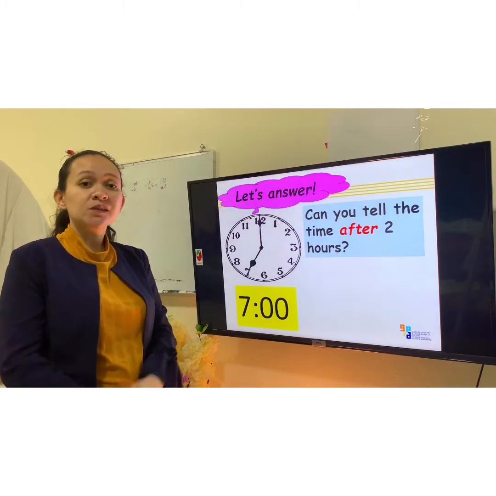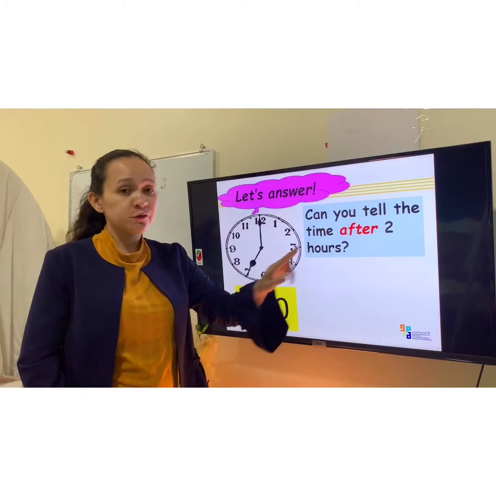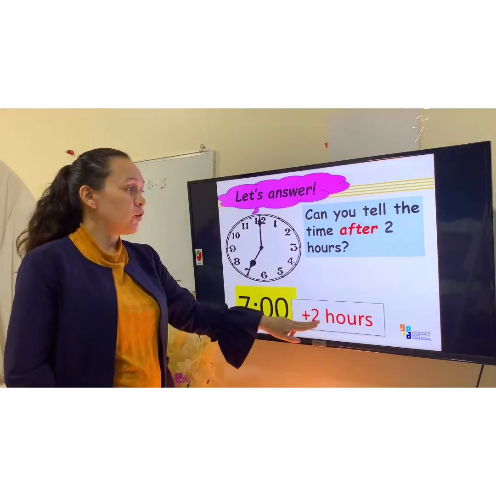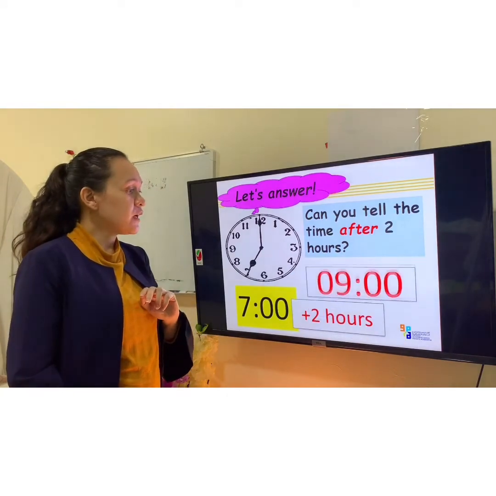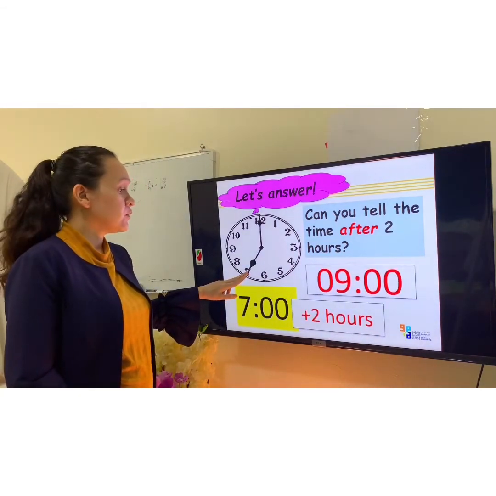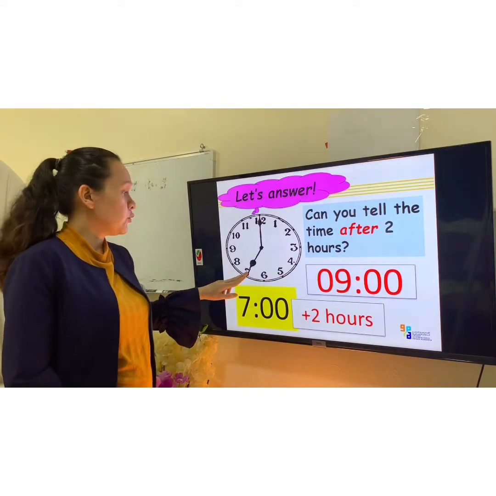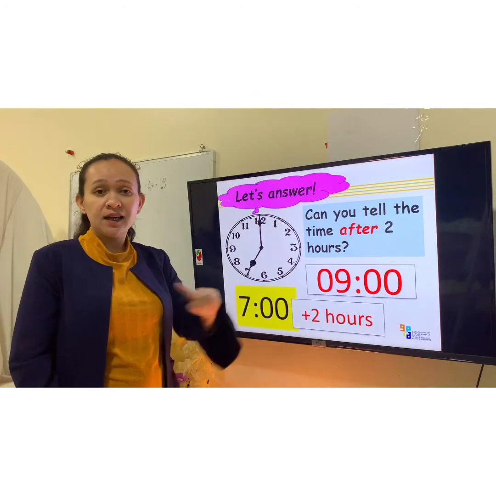Timer's up. So what is your answer? Since the word here is after, we are going to add 2 hours because it is after 2 hours. Now the time is 9 because from 7, we are going to add 2: 7, 8, and 9. So the time is 9.